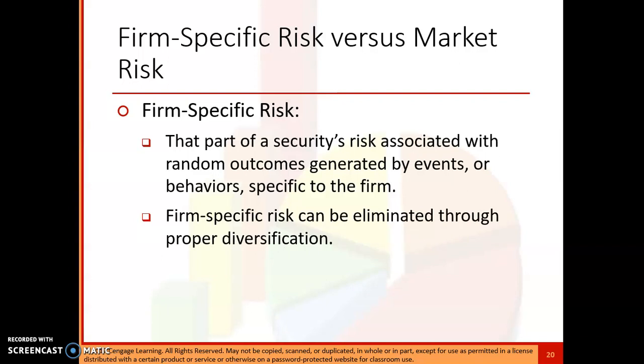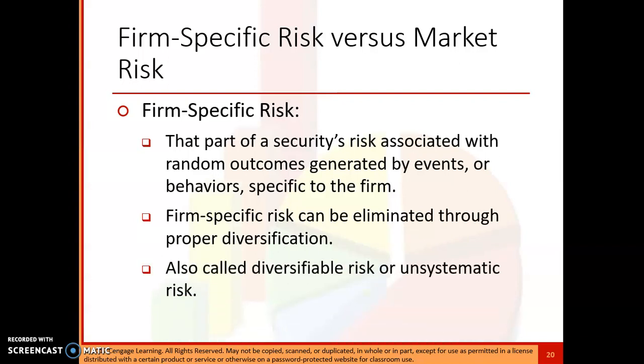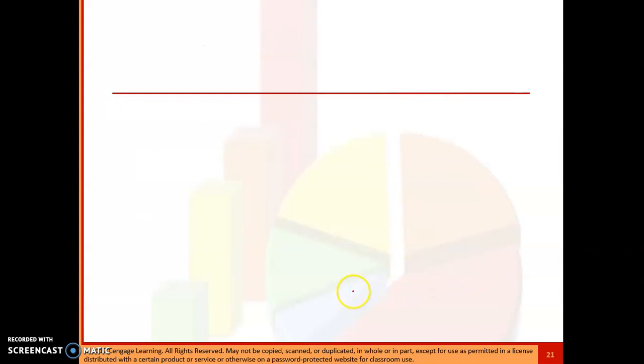Firm-specific risk can be eliminated through proper diversification, also called diversifiable or unsystematic risk. Probably the most common term for referring to firm-specific risk is unsystematic risk.